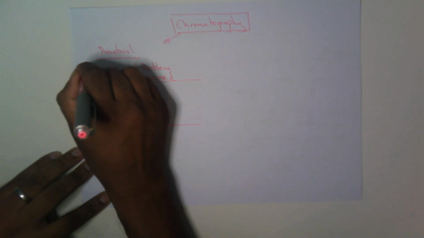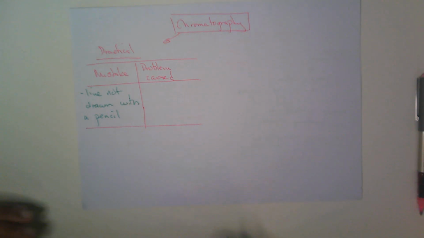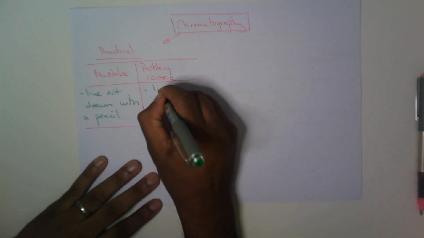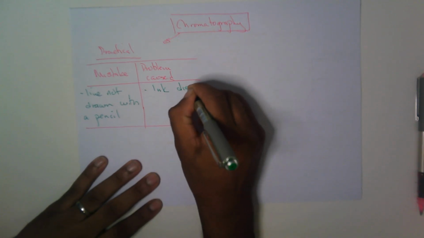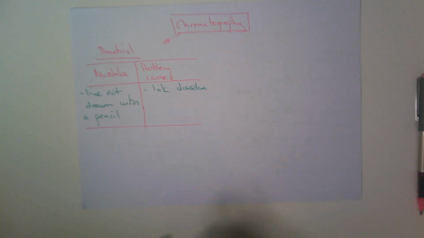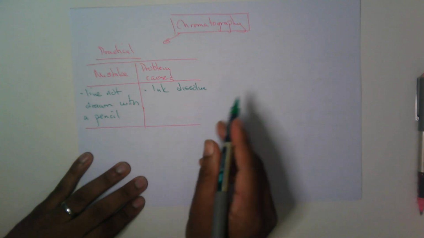Now the problem that it will cause is the pen that you will use for the line will dissolve into the solvent. So that's not something you want, and it will also mix with the pigment that you are testing. So that's the problem that it will cause.